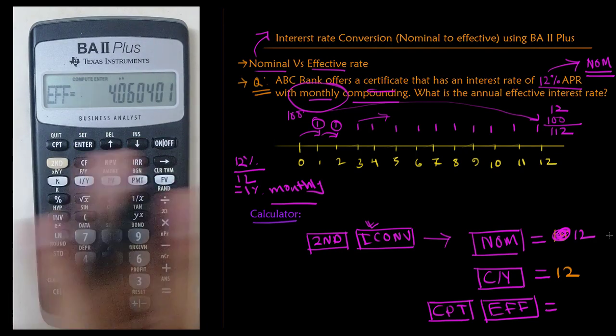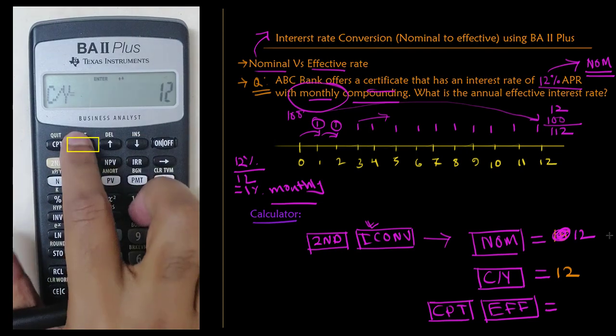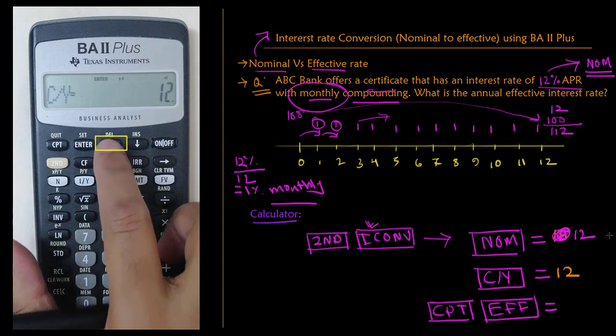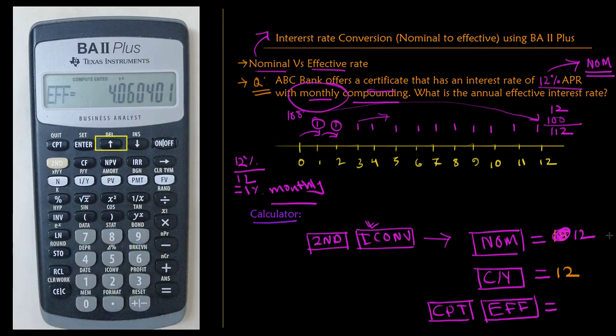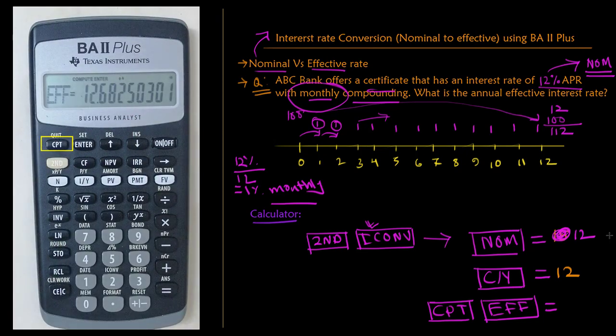Then don't do anything here, just scroll down again, and compounding per year is also 12, so put 12 here. Then press this button to go up, and then press compute, and it will compute the effective interest rate. So that is 12.7%.